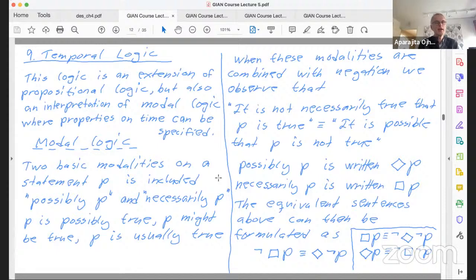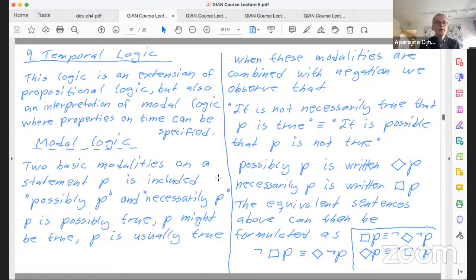But it has its basis in what is called modal logic. Maybe you have heard about that in some courses on basic logics and philosophy and so on.